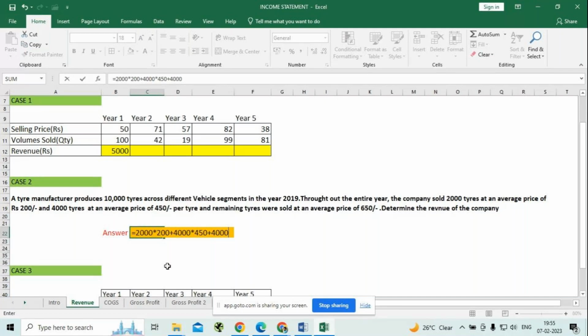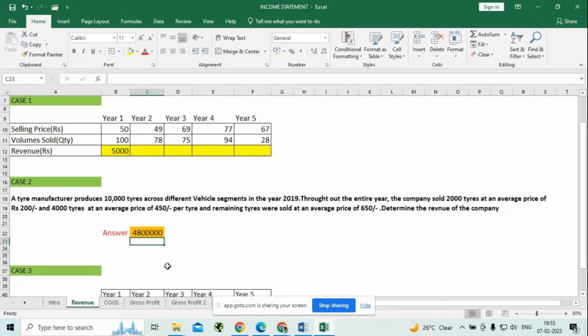So again 4,000 remaining was sold at 650 rupees. So the total earnings you earned, it was 48 lakhs. Okay. So like this you can calculate it.